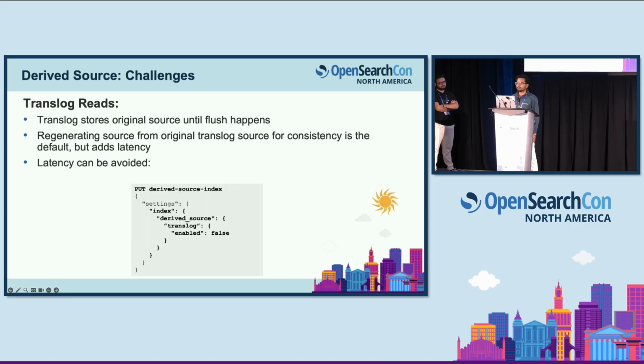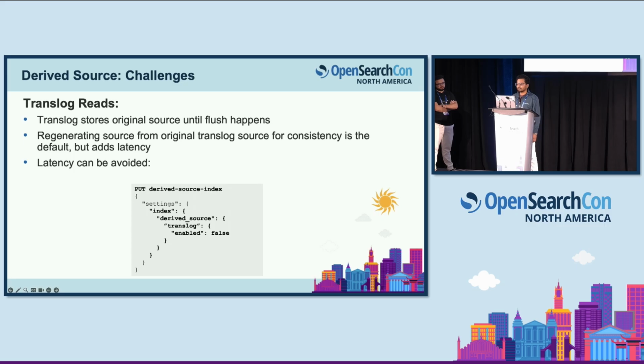If you want to have a similar experience as deriving the source from the segment, you will first have to ingest the temporary source from the translog into an in-memory buffer and then derive the source on top of it, so that the final output in terms of display looks as similar as reading it from the segment.